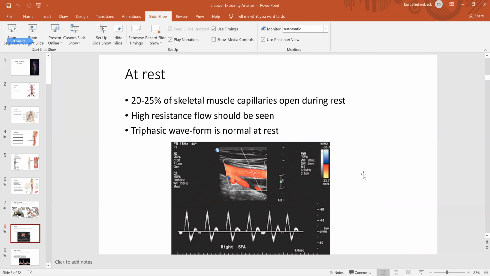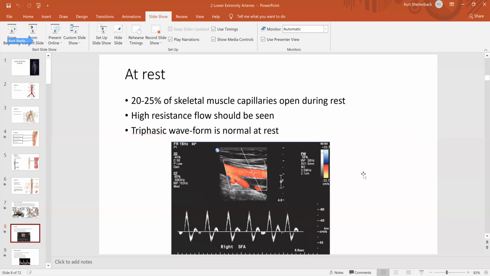So at rest, in our arteries, 20 to 25% of skeletal muscle capillaries are open. That means that 75 to 80% are closed. High resistance flow is seen. Triphasic waveform is normal at rest.